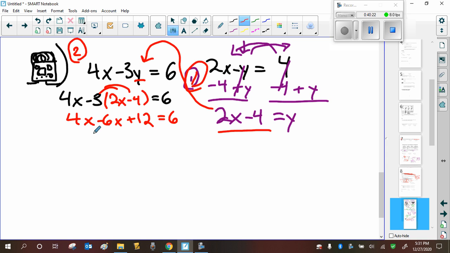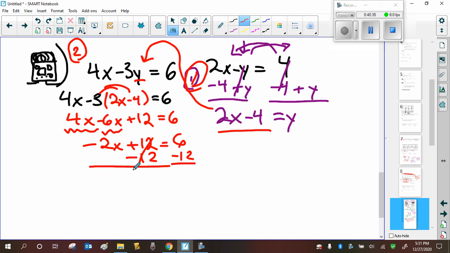Make sure you put plus 12 and not negative 12, and collect like terms. Add or subtract first question. So the opposite of add 12 is subtract 12. And then don't forget what to do here. You don't add 2. You don't divide by 2. You divide by negative 2, so the negatives and the 2's cancel. Negative divided by negative is a positive.